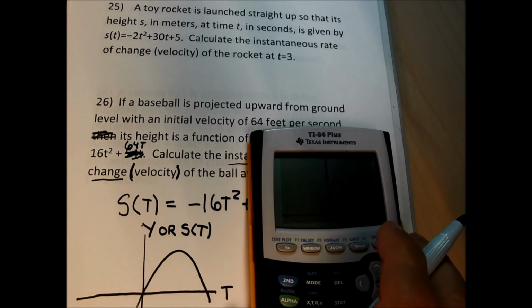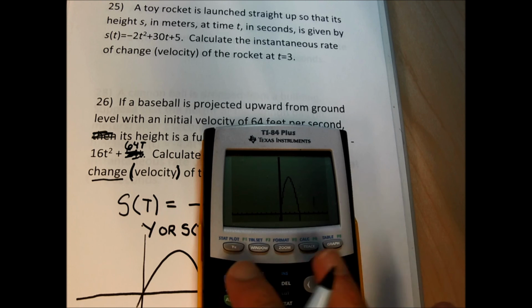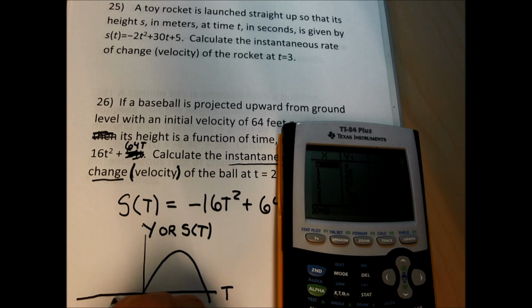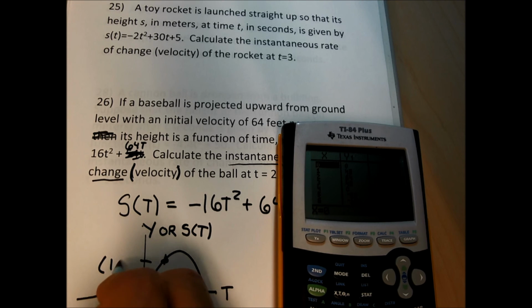Let me plot some points so you can see them. From my table, I had the point 0, 0, which meant at 0 seconds the ball was on the ground. After 1 second, it was at 48 feet, so that's the point 1, 48.